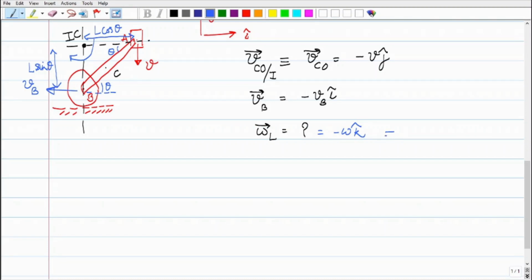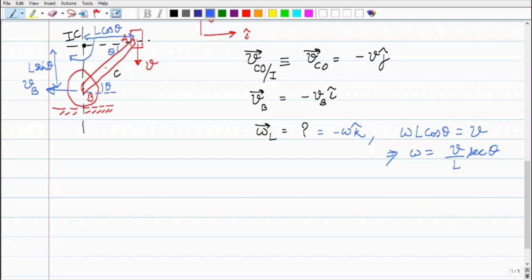So we have the following equation. Omega times L cos theta is equal to V. So that implies omega is equal to V by L sec theta. Correct? So once omega is known, we can also find out VB.